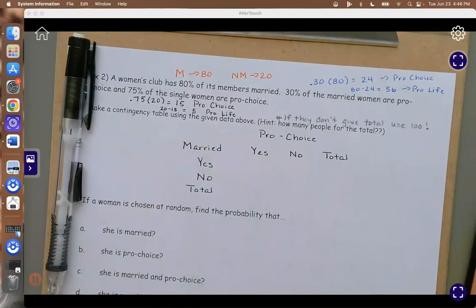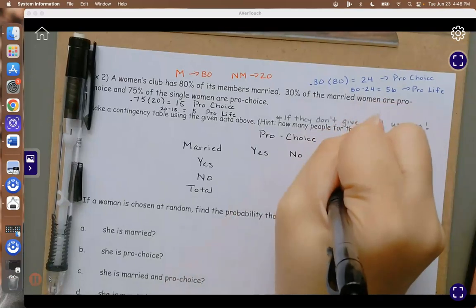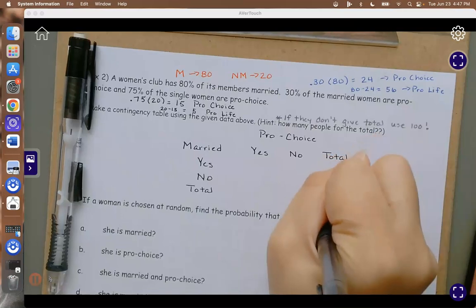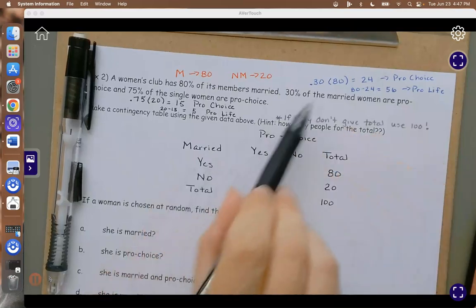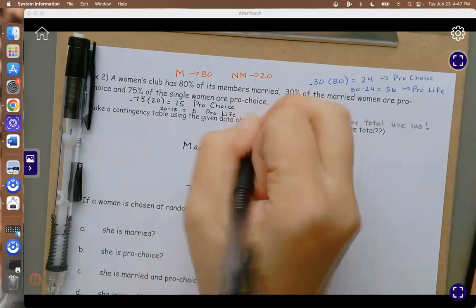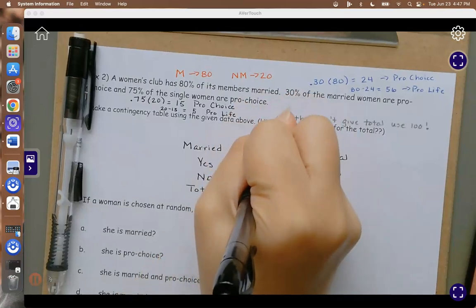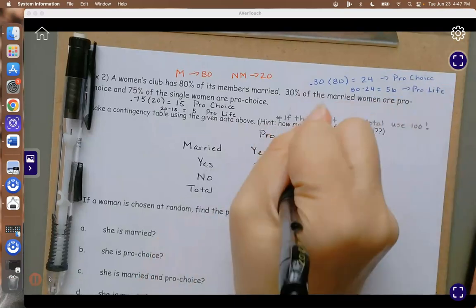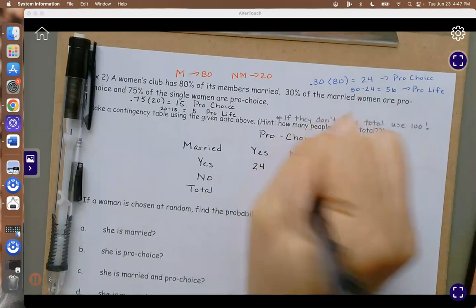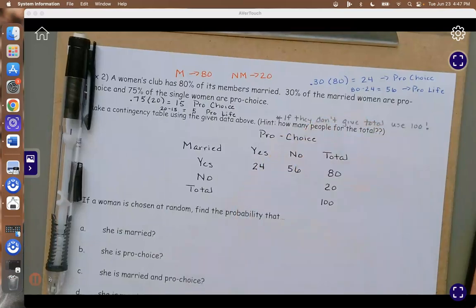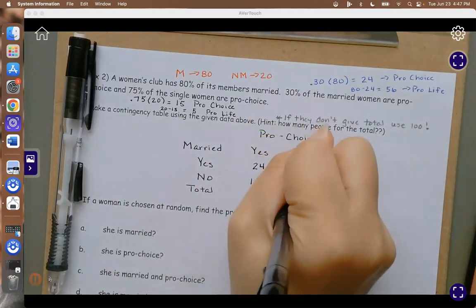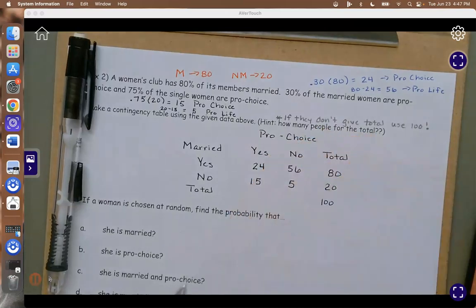All right, so there's 80 total married, 20 not married. 24 of your married are pro-choice. 56 are not pro-choice. Those not married, 15 are pro-choice and 5 are not.